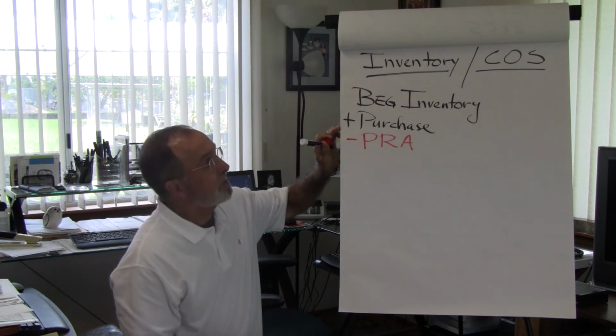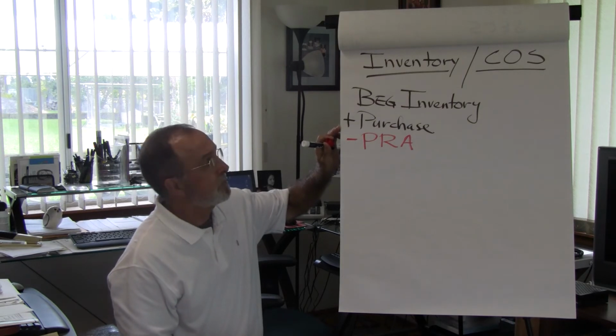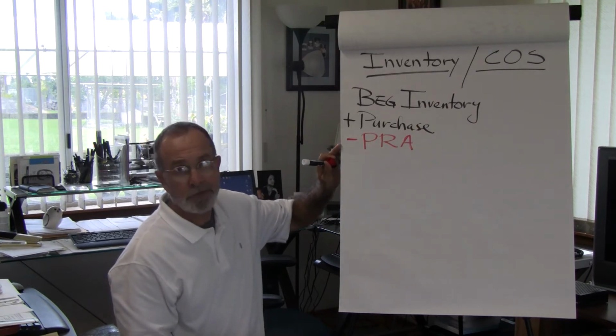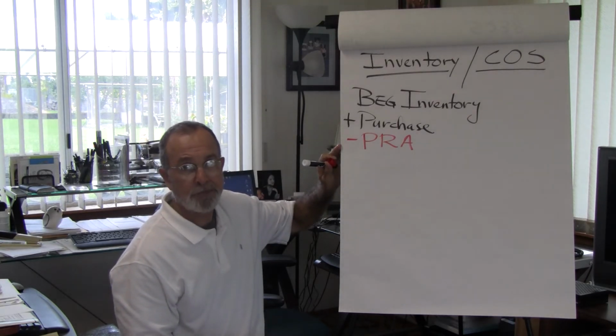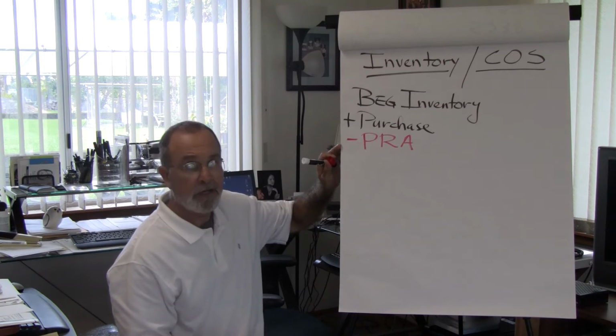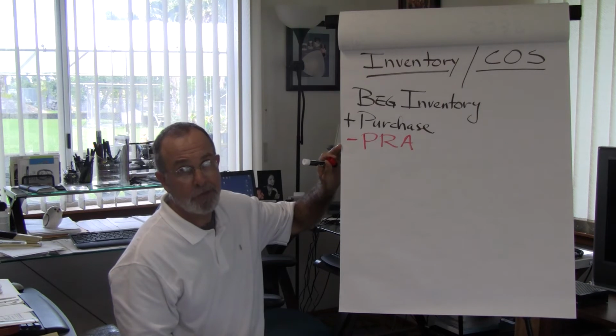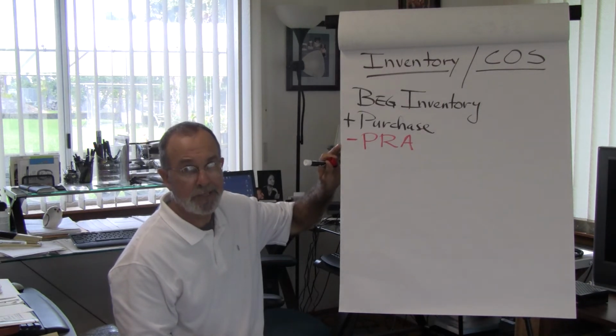Remember, an expense account carries a debit balance, and so when we're working with purchases, we're working with debits. If we record a transaction as a purchase return and or allowance, then that transaction would basically be recorded as a credit. Purchase return and allowance is a credit account.